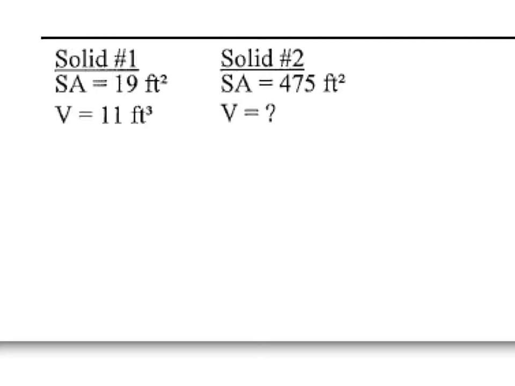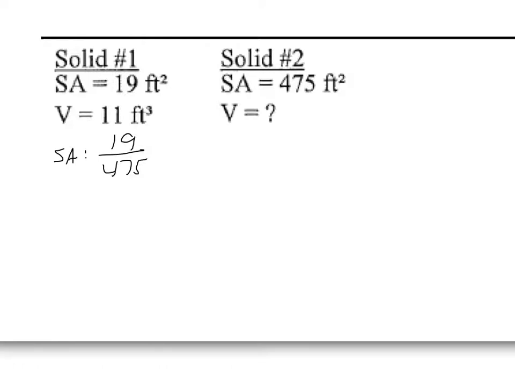Okay, so if we do that, we have a ratio of surface areas, again going solid 1 to solid 2, will be 19 over 475. Now I want to draw a little piece of information here that you might find helpful.